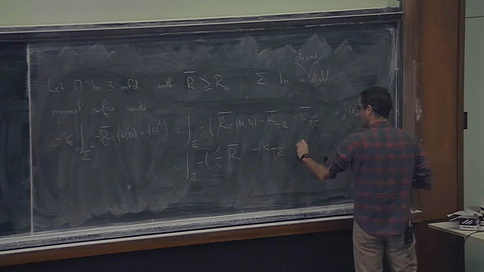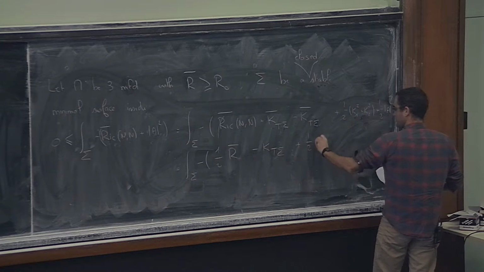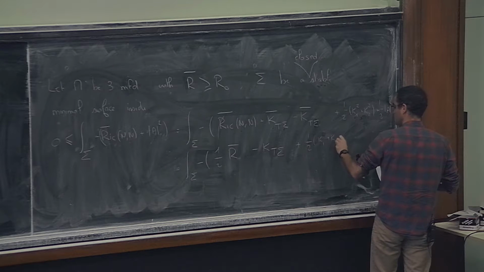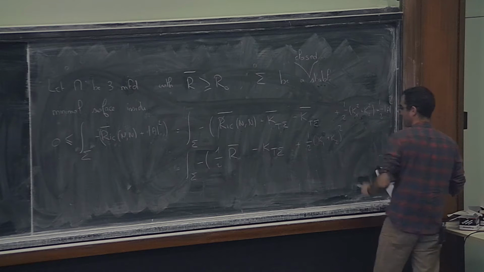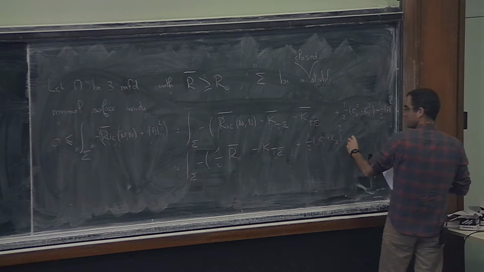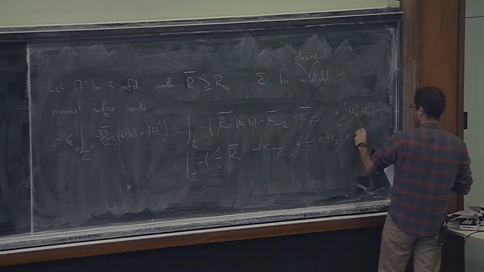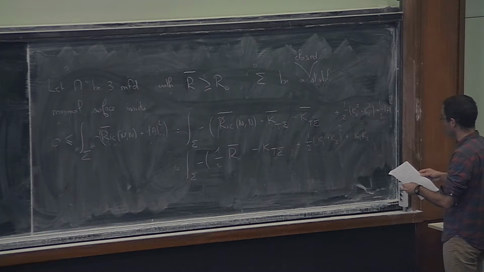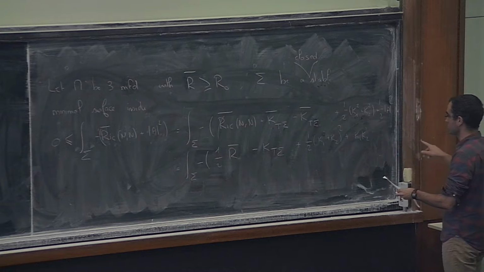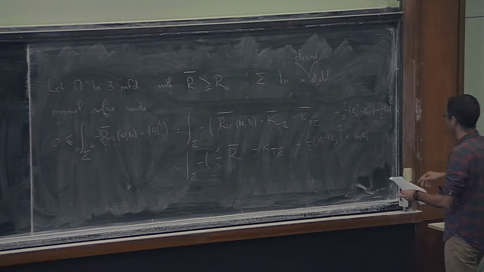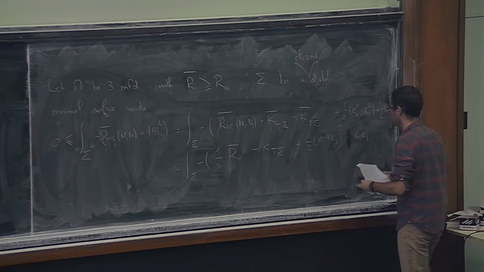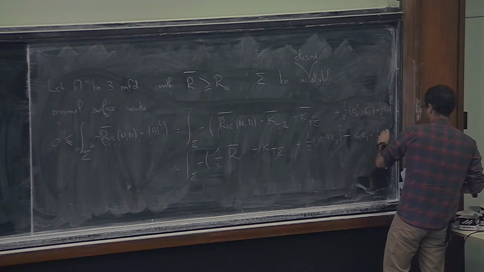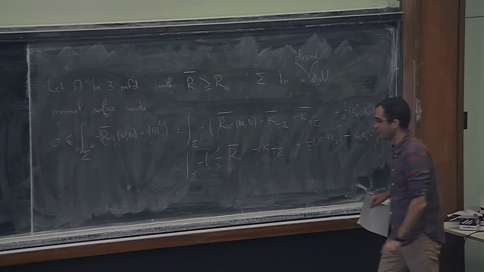It's just plus 1/2, so k1 plus k2 square plus k1 k2. That's right. Minus k1 k2. Yes, minus k1 k2, it's better. Plus 1/2 A square. Okay.